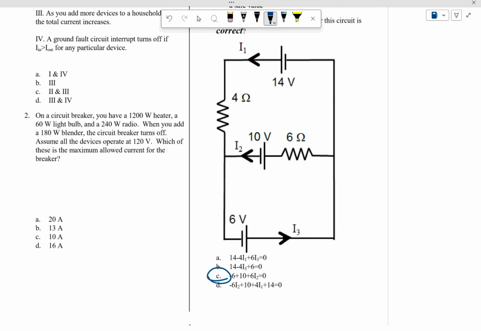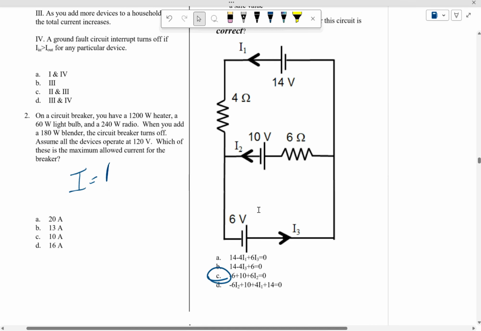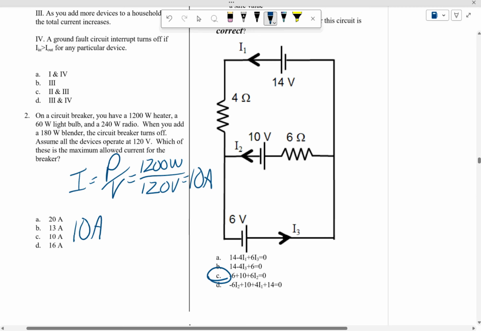On this one, you want to calculate the current for each one. The current is equal to P divided by V. So for example, for that first one, it's 1200 watts divided by 120 volts. So that's 10 amps. The next one is 60 divided by 120.